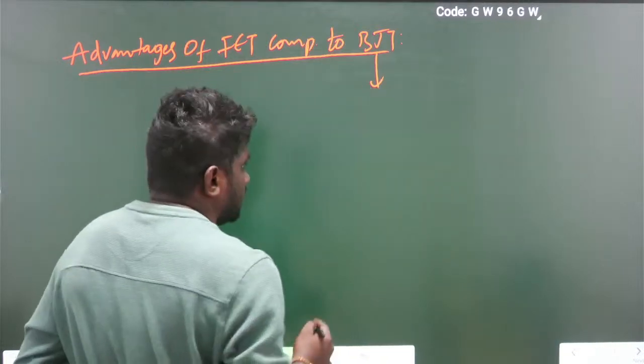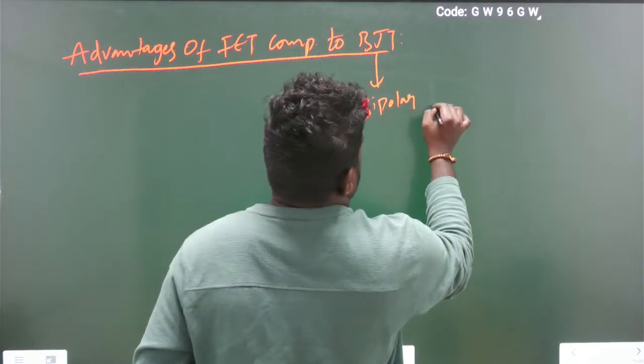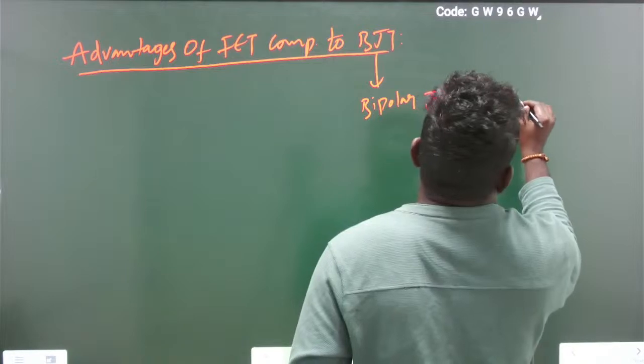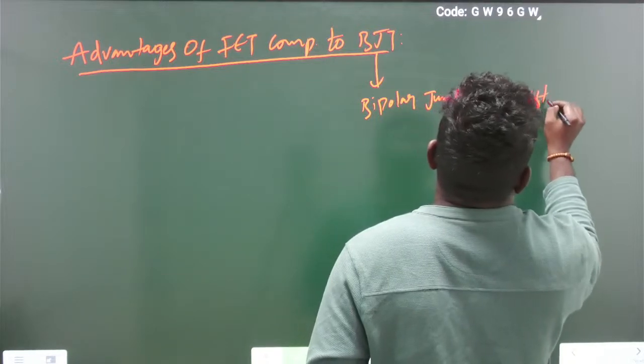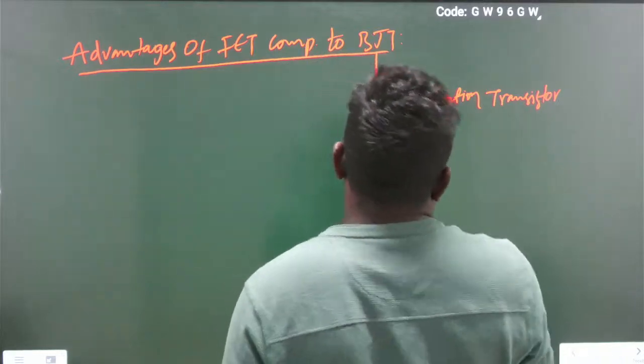What is the full form of BJT? Bipolar junction transistor. BJT full form is bipolar junction transistor.